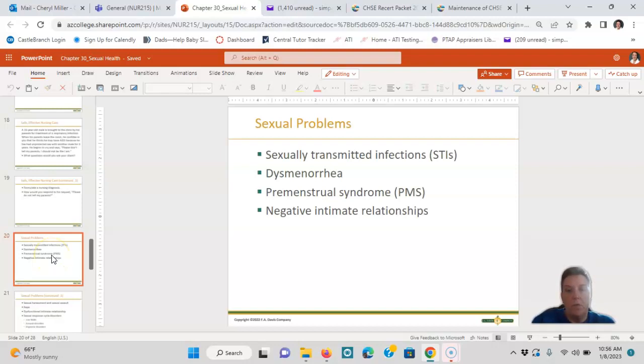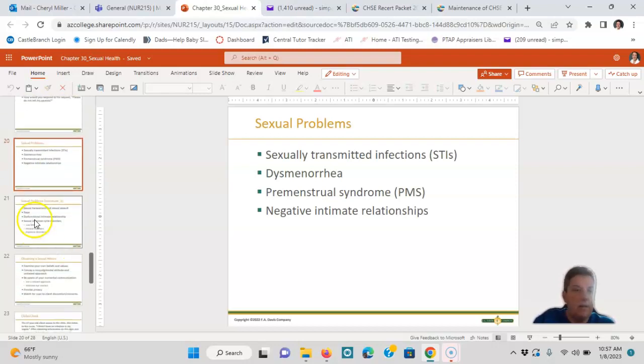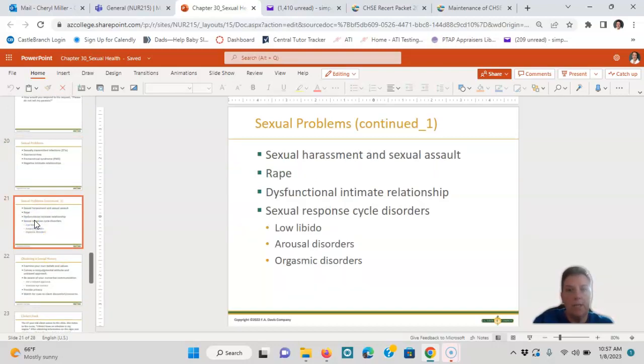A lot of the times people will tell you about PMS as being swollen breasts, painful breasts, or back pain, menstrual cramps. So, a lot of questions around that with teenagers. And then negative intimate relationships that they have had. Sexual harassment, sexual assault, rape, dysfunctional intimate relationship patterns, sexual response cycle disorders like low libido, arousal disorders or orgasmic disorders.